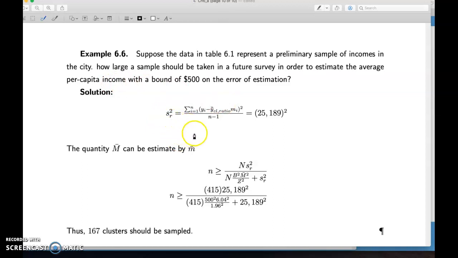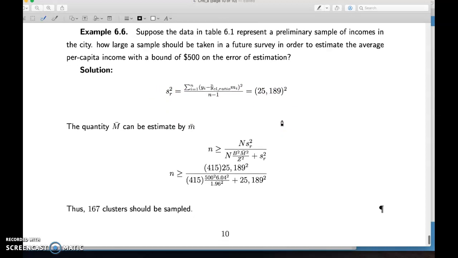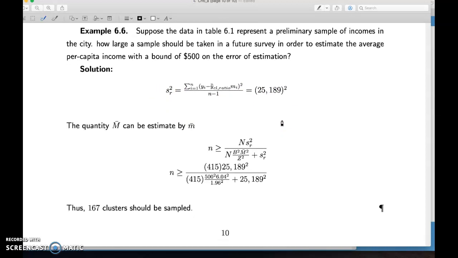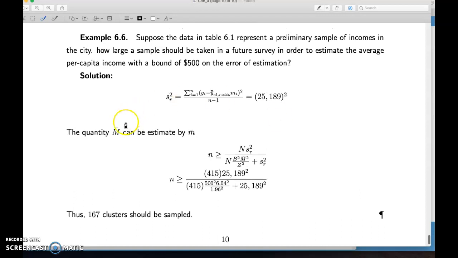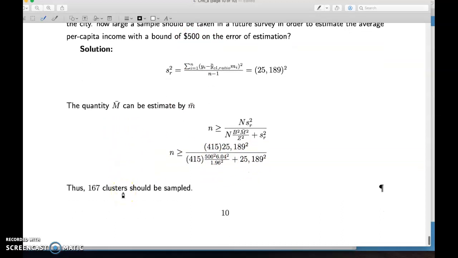We have SR square given, and we can estimate the average cluster size for the population using the average cluster size in our sample, little m bar. The bound of error is $500 here, so we substitute in there, and we find that we should sample at least 167 clusters.